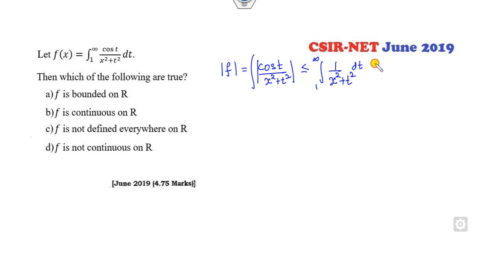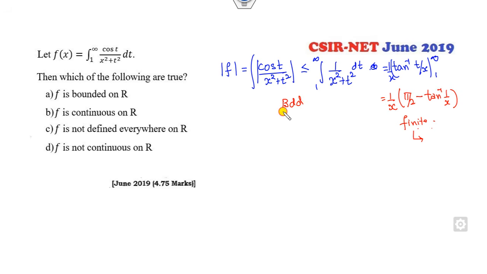What is the integration of this? It's tan inverse of t over x, times 1 over x, from 1 to infinity. So what is that? It's 1 over x times pi over 2 minus tan inverse 1 over x, which is a finite number. Since it is a finite number, you can say it is convergent. So if this is finite, its modulus is finite, which means this is my bounded.